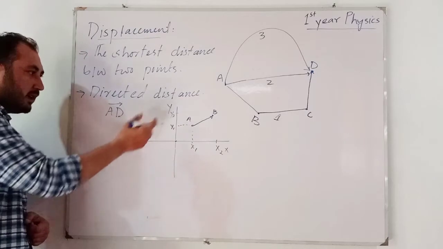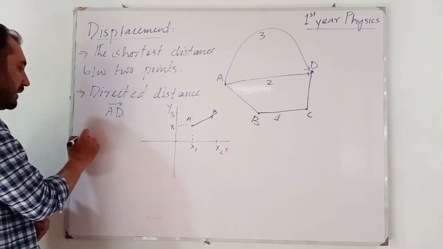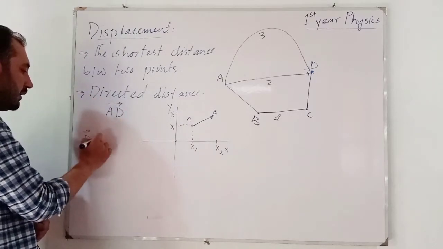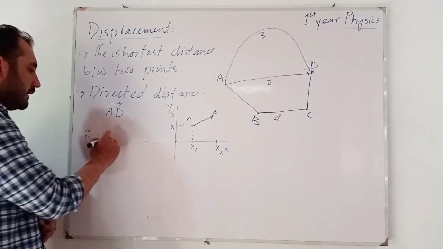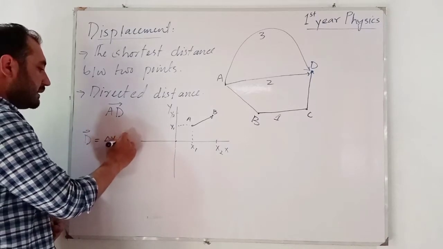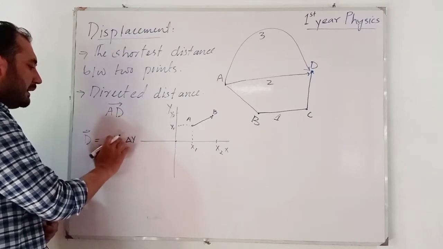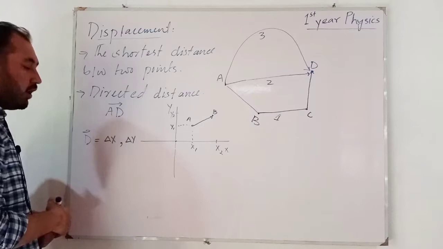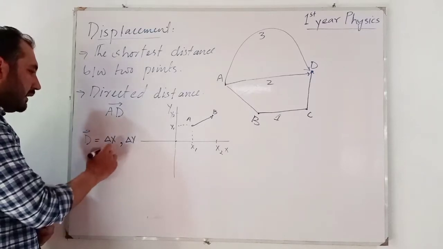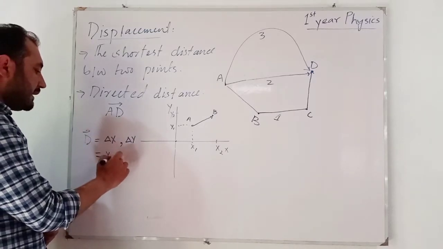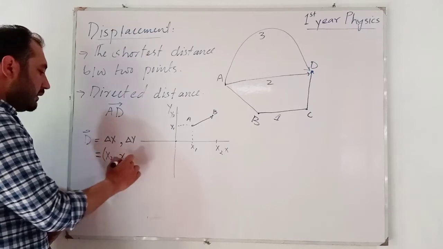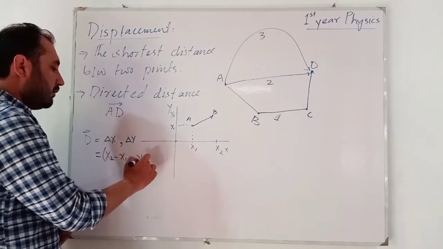So the displacement d would be del x plus del y, or simply you can say del x comma del y, right? Here del x is x2 minus x1 and del y is y2 minus y1.